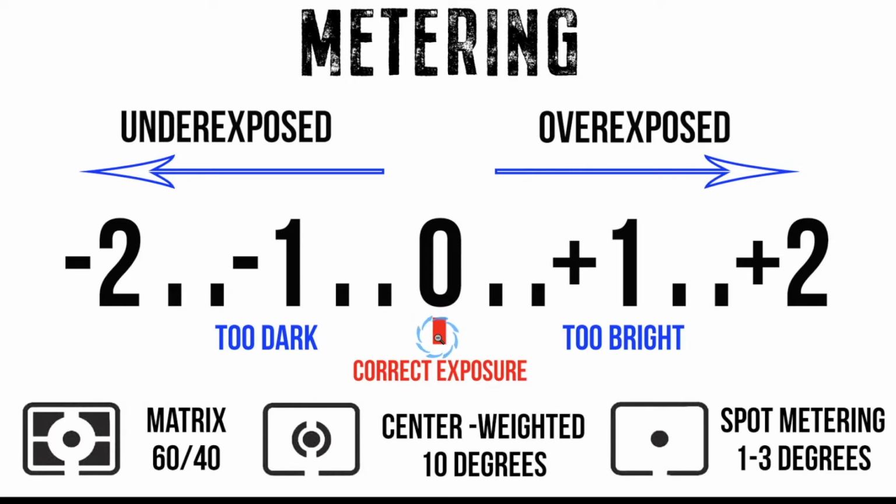So if this little guy here is in the minus section, which is this whole section, it is called underexposed, meaning that the image is going to be too dark. And if you're in the plus section, that is called overexposed, and that image is going to be too bright. If you are unsure, you are better off being slightly underexposed than slightly overexposed.